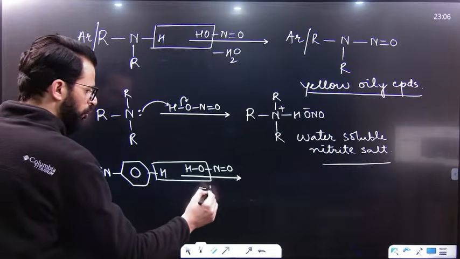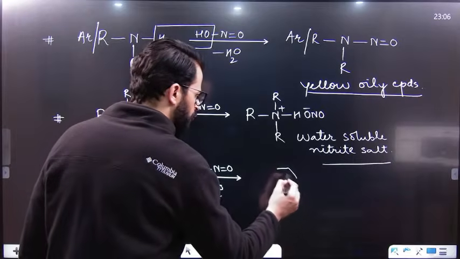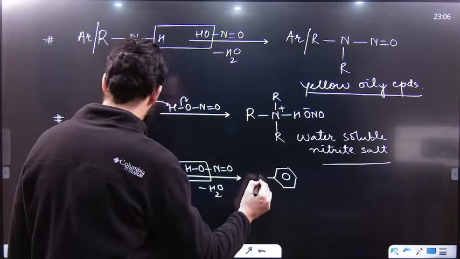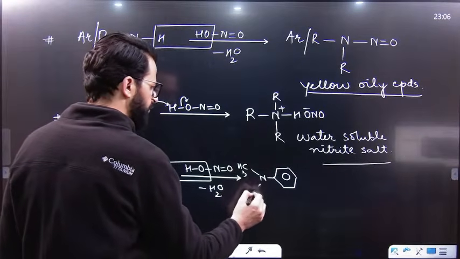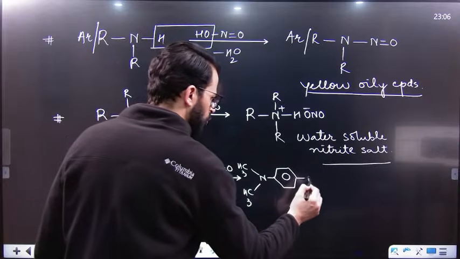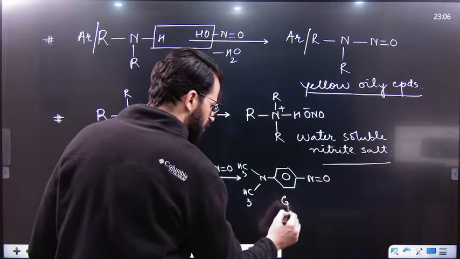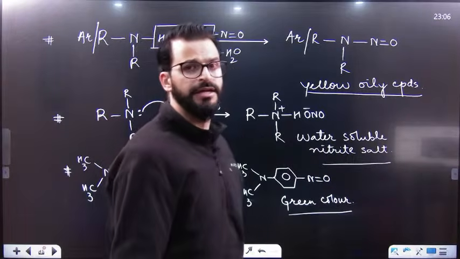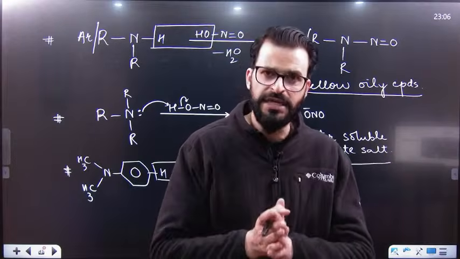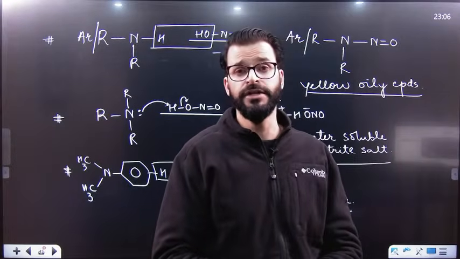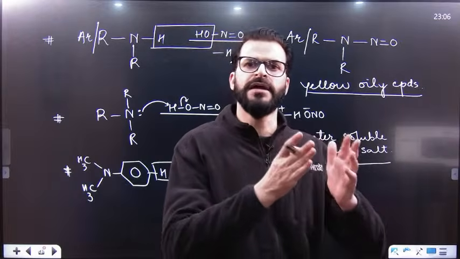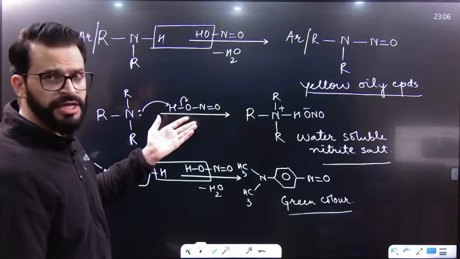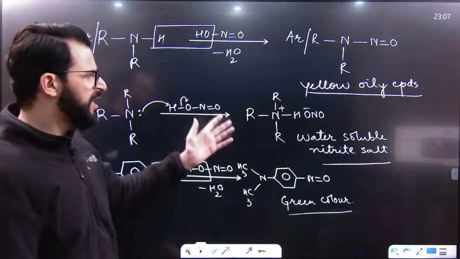It loses a water molecule, and this electrophile, the nitrosonium ion, will be added to the para position of this ring, and it will form para-nitrosoamine, which is generally green in color. So with the help of nitrous acid, we can distinguish primary, secondary and tertiary amines, and even primary aliphatic and primary aromatic amine. We can distinguish tertiary aliphatic and tertiary aromatic amine, as they form different products.